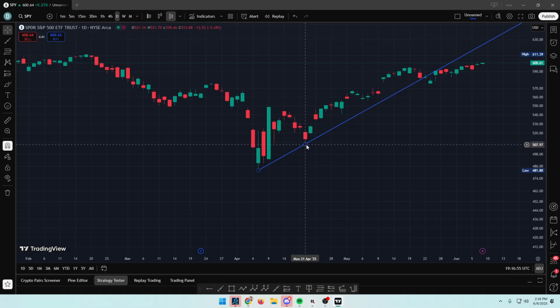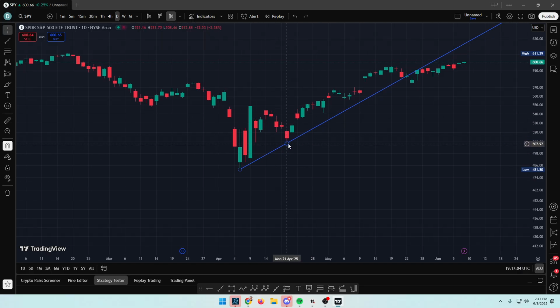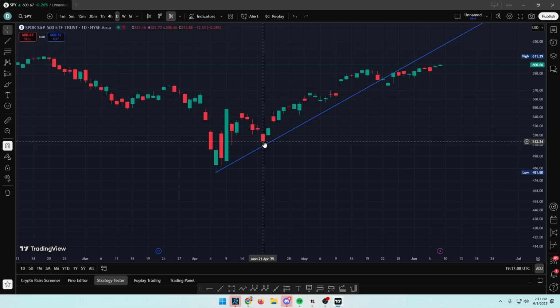So this low over here is lower, and this one is the higher low. So we bounce. You could enter there on the higher time frames as long as it shows strong volume and a continued uptrend, so you'd probably enter on that candle.